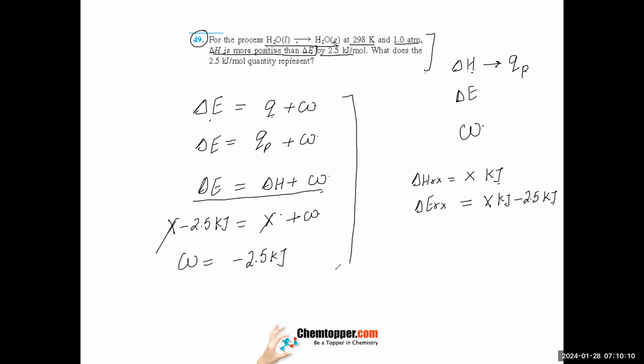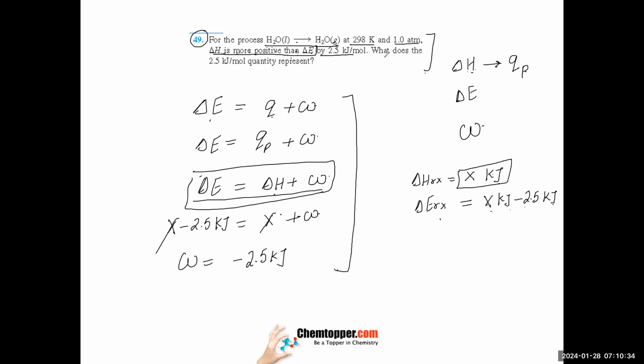Yes, children. Is it a troubling question or is it okay? We know this equation, right? We are okay with this equation. They have said delta H is more positive than delta E. If I take my delta H as X, delta E is X minus 2.5.